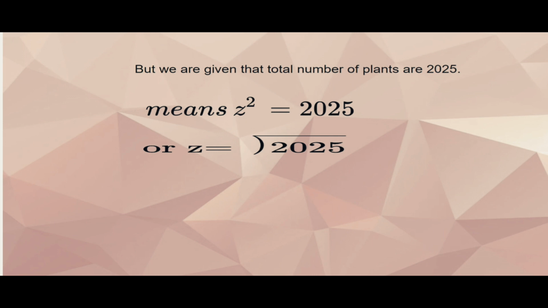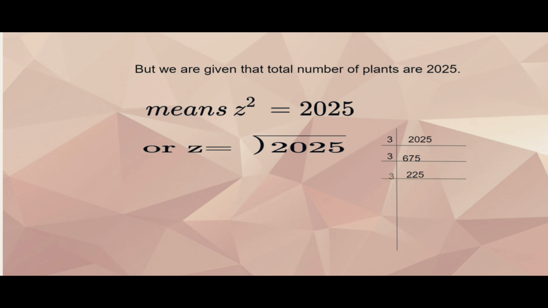Now we will make the prime factors of 2025. Dividing it by 3, we get 675. Again dividing it by 3, we get 225.